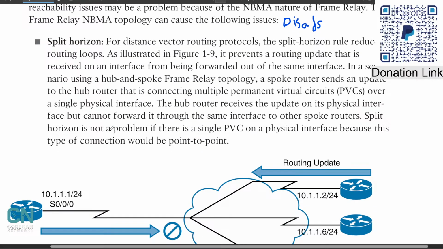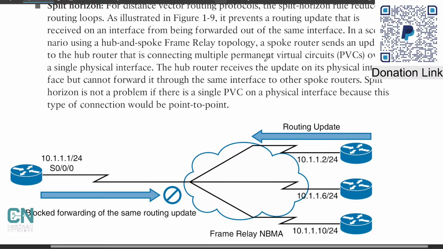As illustrated in figure 1.9, it prevents a routing update that is received on an interface from being forwarded out of the same interface. In a scenario using a hub and spoke frame relay topology, a spoke router sends an update to the hub router that is connecting multiple permanent virtual circuits (PVCs) over a single physical interface.